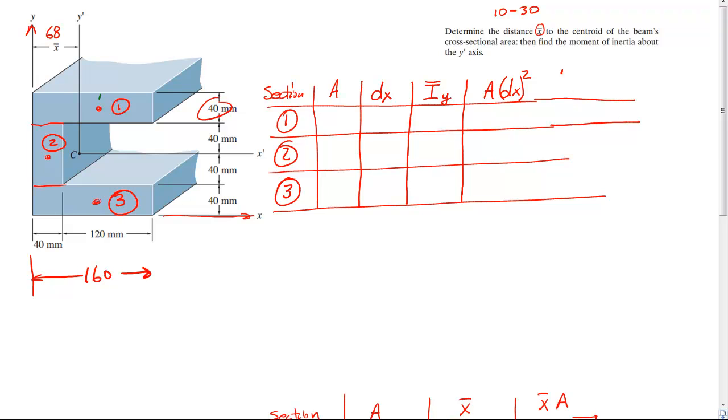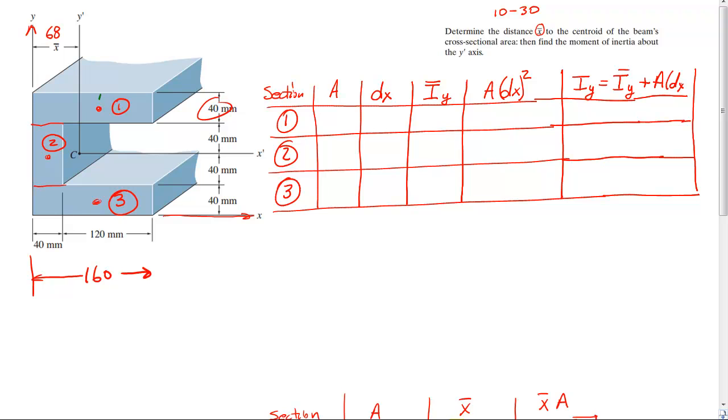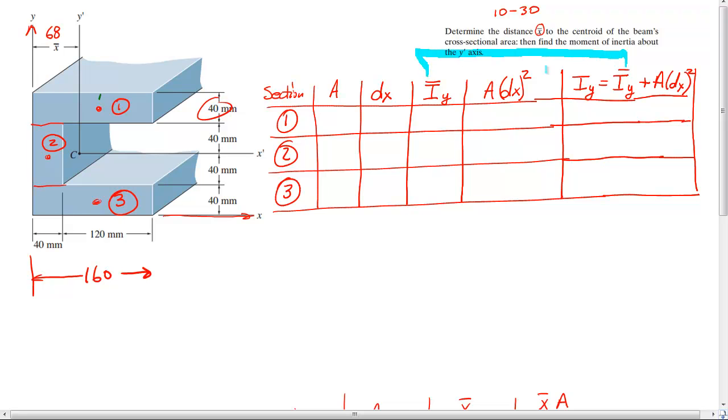Now the last one, I feel as though I should write the equation, and that is the IY will be the IY bar plus the A dx squared. So in essence what you're doing is you're getting this one from here, this one from there.